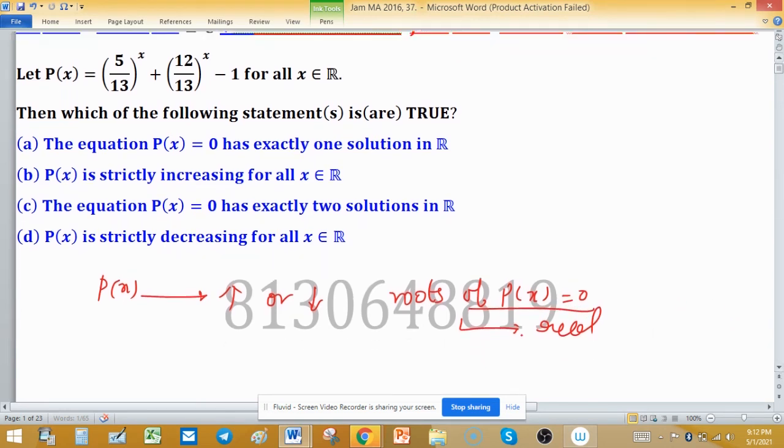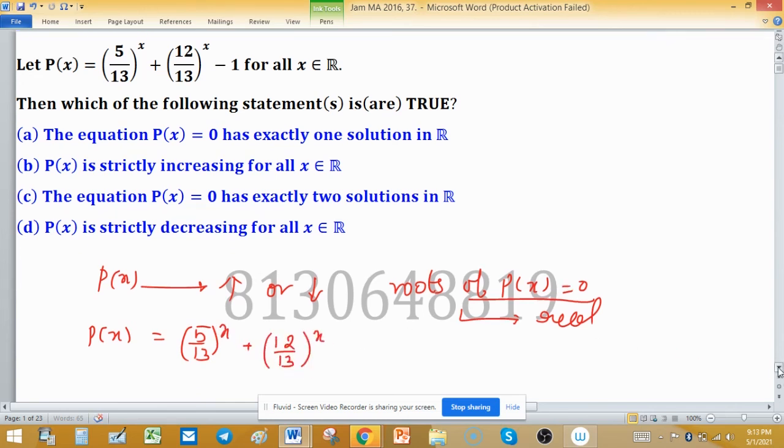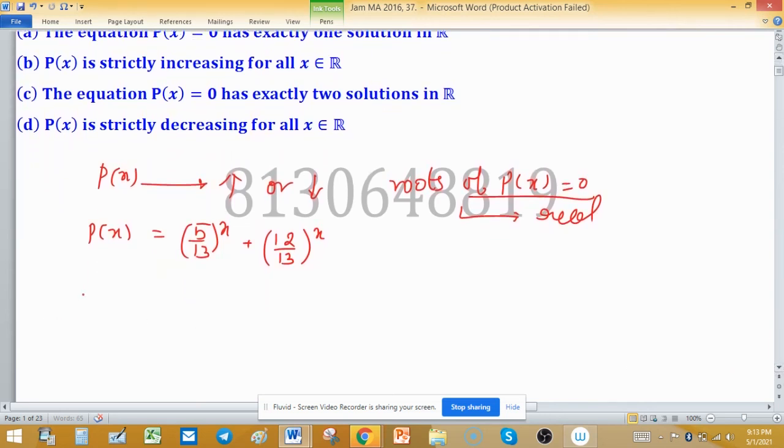To check increasing or decreasing, we will check the first derivative. So P(x) = (5/13)^x + (12/13)^x. Take its derivative. P'(x): the derivative of a^x is a^x log a, so apply this formula.